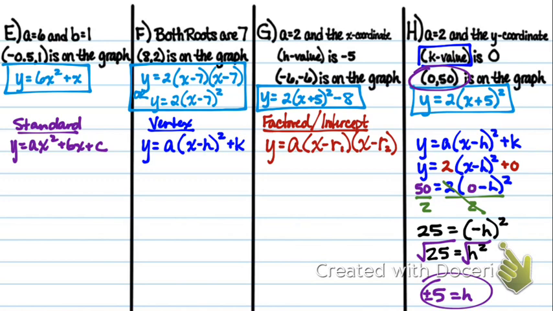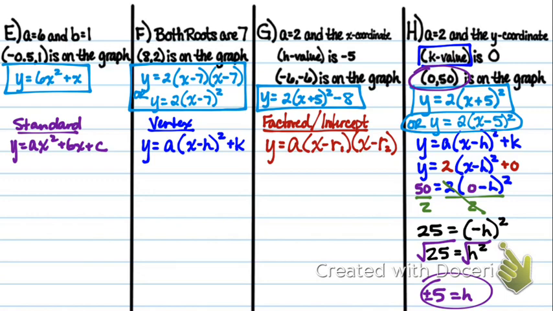So this one you could have plus 5, or you could have y equals 2 times (x minus 5) squared. That would also be correct. We wouldn't put both the plus and the minus sign. If we were just talking factored form instead of vertex form, then yeah, I would have one with a plus and one with a minus. Absolutely.